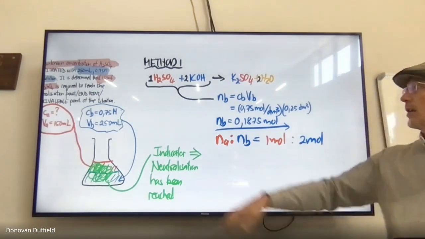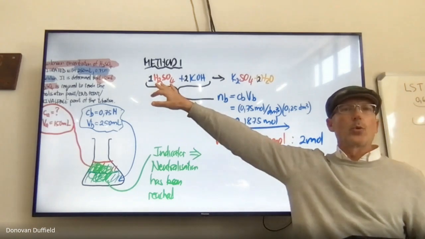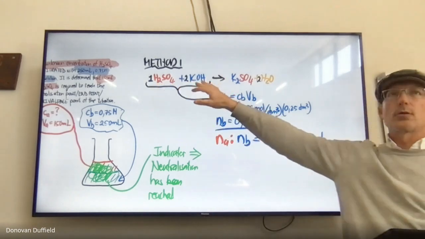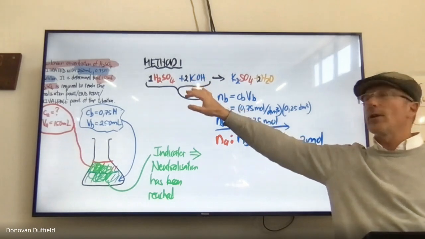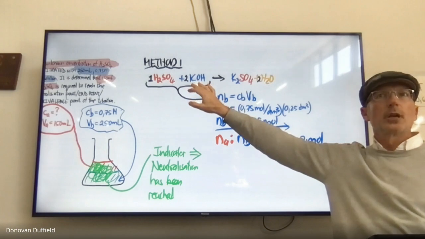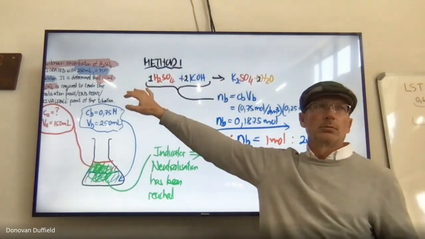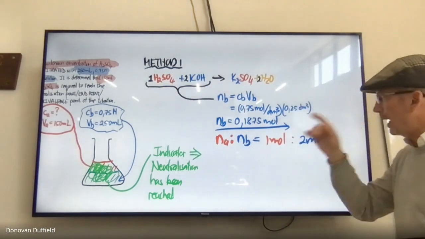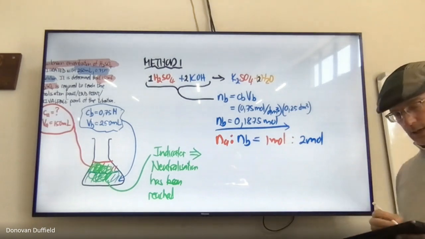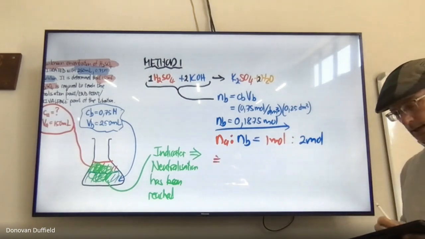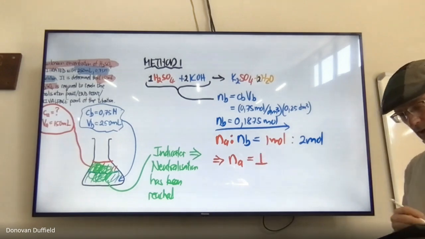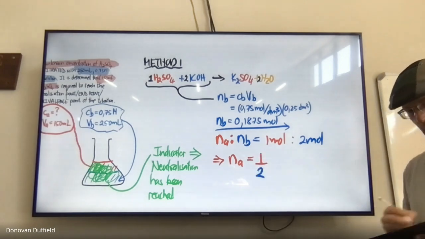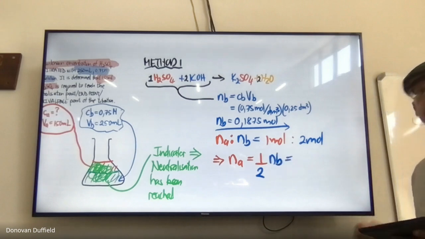In other words, every 1 mole of H2SO4 requires 2 moles of KOH to neutralize it, which means for every 1 mole of KOH, you need half a mole of H2SO4. So we can therefore say, this implies that the number of moles of acid, okay, is 1/2 of the number of moles of base.